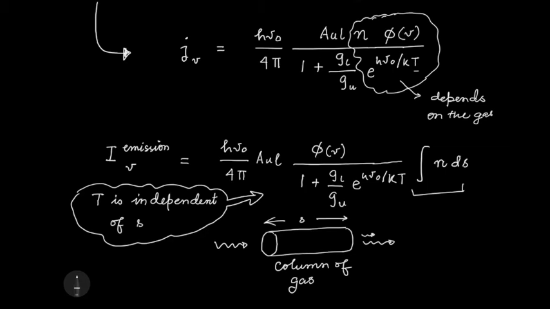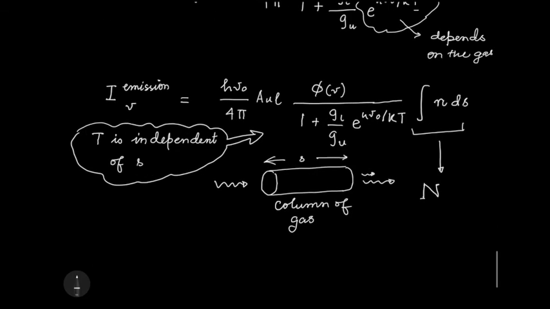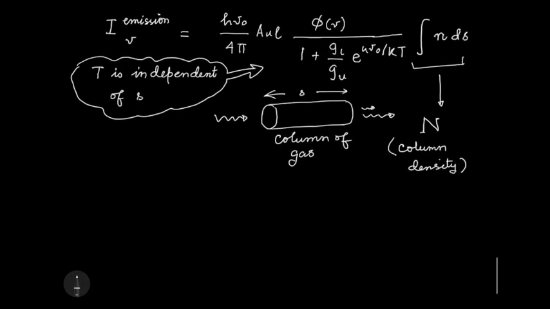This integral is integrating over this entire S. So n, which was a number density, one of its dimensions is integrated over. So what you call here, this is often written with a capital N. It's an integration over this column. So this has a name called column density.